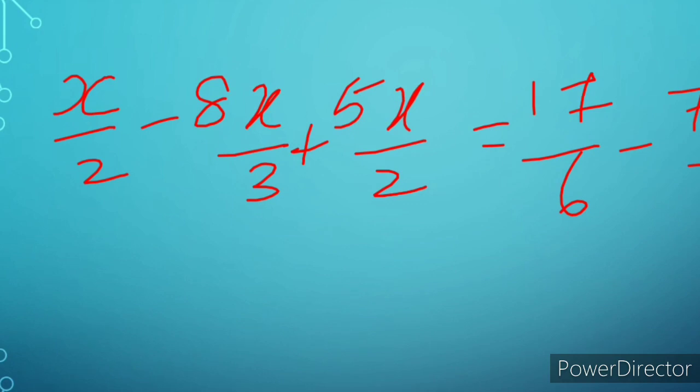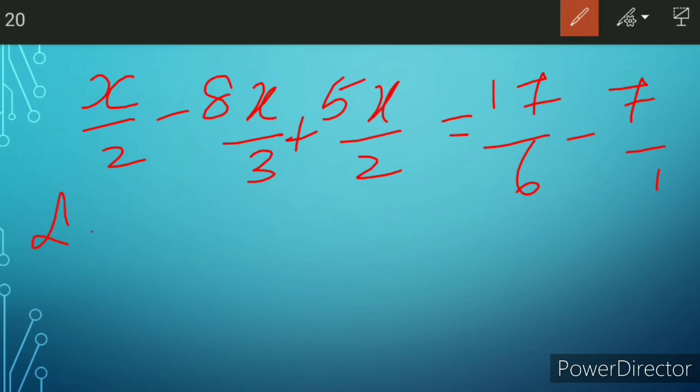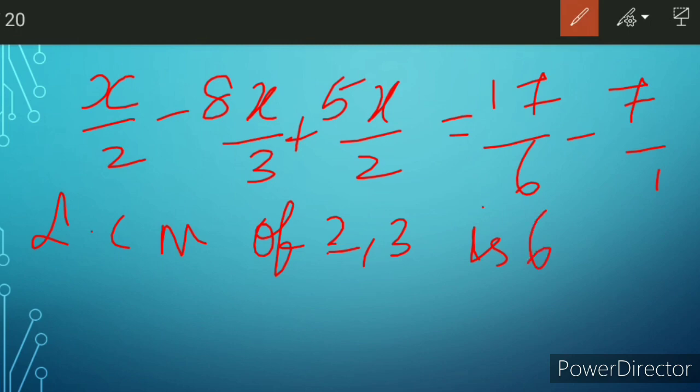You know that the LCM of 2, 3 is 6. We'll write that LCM of 2 comma 3. Again this 2 is repeated, don't write it, write once. 2 comma 3 is 6. Now we will convert each denominator as 6.